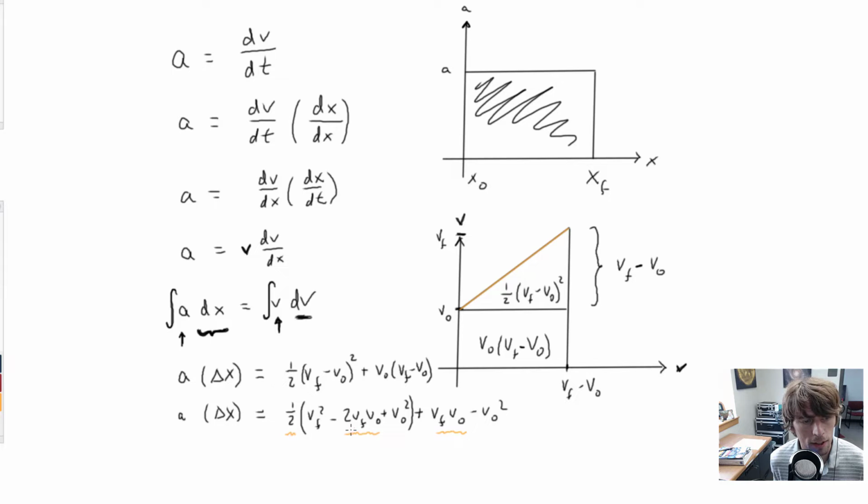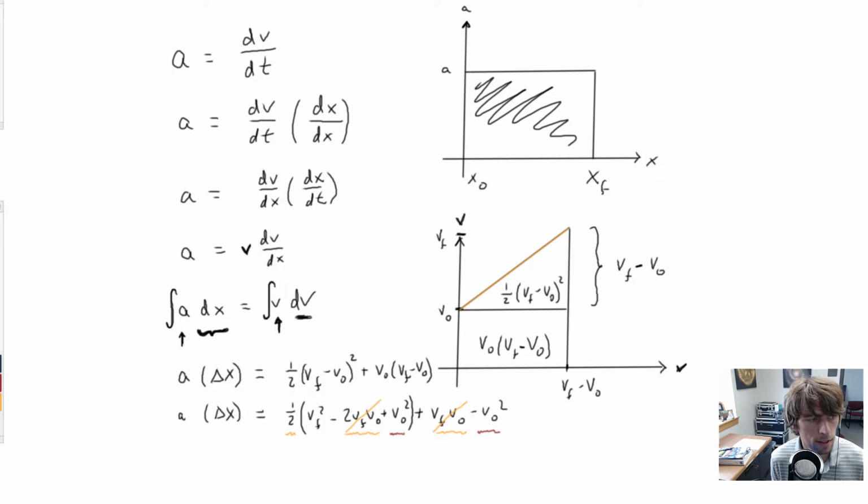And furthermore, I've got a half v naught squared and a minus v naught squared, so that gives me a negative 1/2 v naught squared.